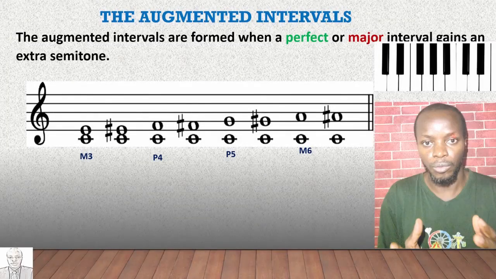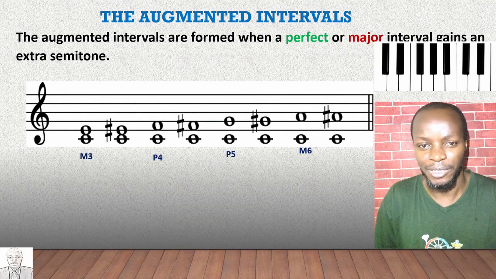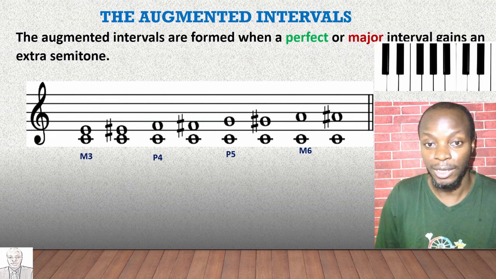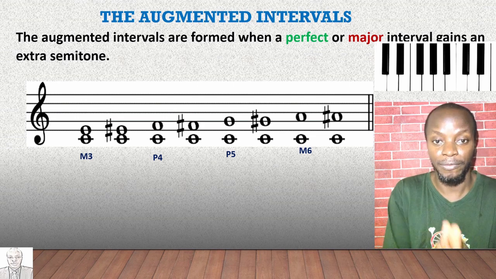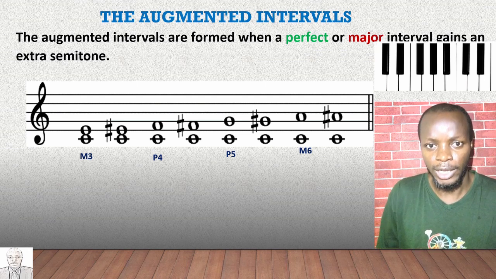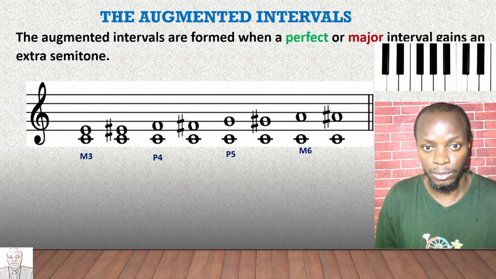Augmented intervals augment, increase. So it's just like the opposite of a diminished interval. An augmented interval gains an extra semitone as a diminished interval loses a semitone, right? Okay, so augmented intervals are formed when a perfect or a major interval gains a semitone, unlike a diminished interval that occurs when either a perfect interval or a minor interval loses a semitone or halftone.